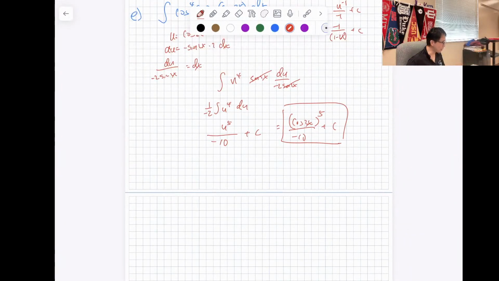The next question is a lot more challenging. It's going to be way harder than that. Obviously, with this question you're going to get some type of difficulty, because if you do u as the inside of the parenthesis, which in this case is 2x minus 1, right?